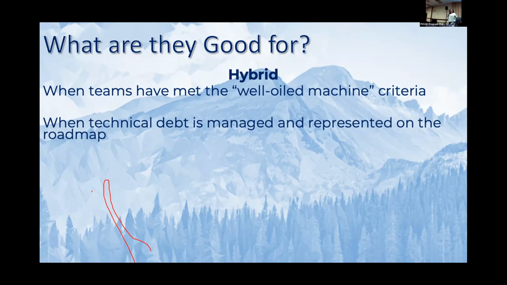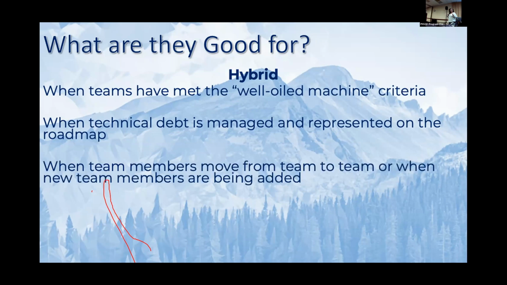When technical debt is managed and represented either on the roadmap or ideally in backlogs. When technical debt is known, that we are going to accrue debt, but how well and how quickly is that technical debt addressed? That's going to be a great indicator of whether or not that hybrid testing approach might apply to that team.